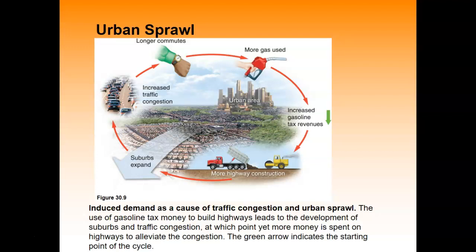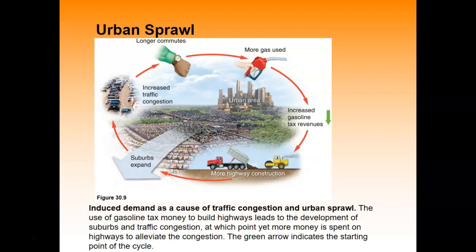Again, the induced demand will cause congestion and urban sprawl, because the more people are moving out into the suburbs, right, you're going to have that bigger sprawl of suburban neighborhoods, which is going to lead to increased traffic congestion, because now all those people have to commute to work, right?